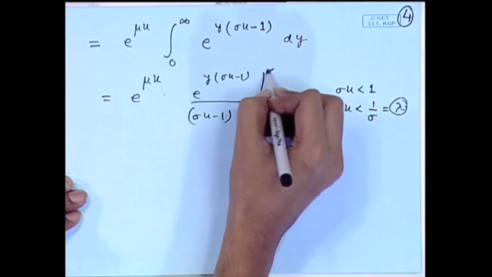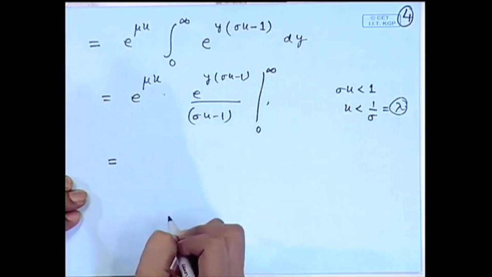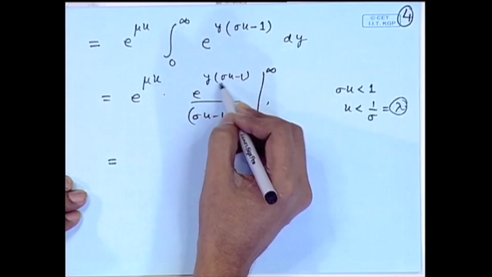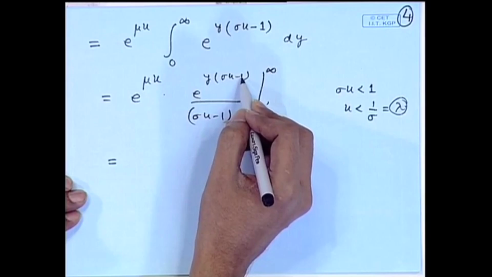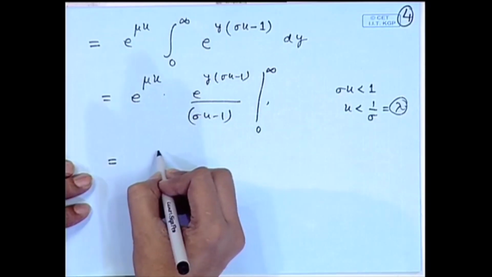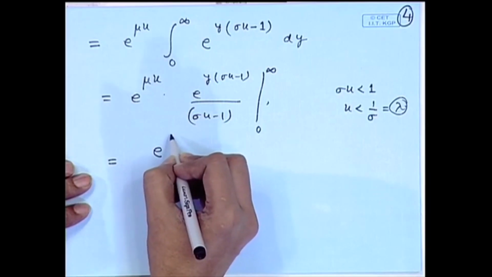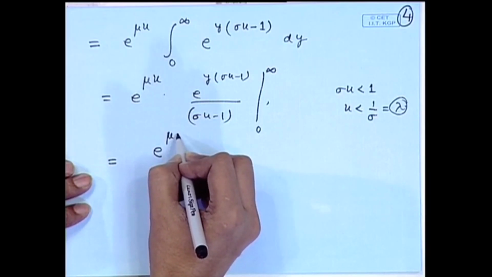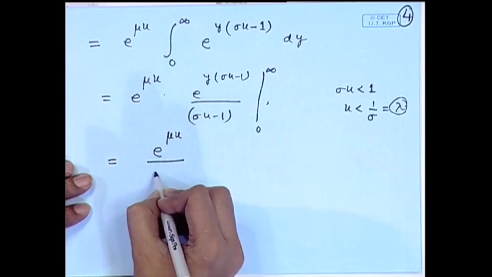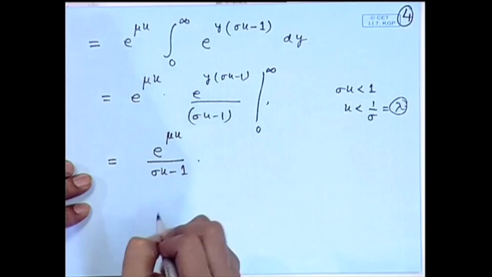So, at infinity this becomes 0 because I am taking sigma u to be less than 1, and at 0 this becomes 1. So, you are getting e to the power mu u divided by (sigma u minus 1).